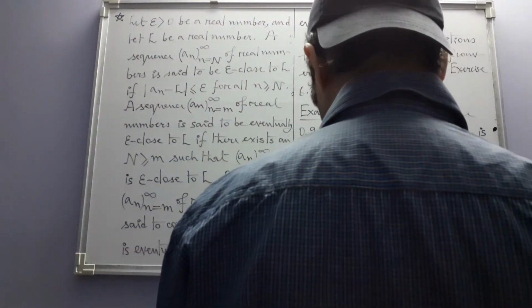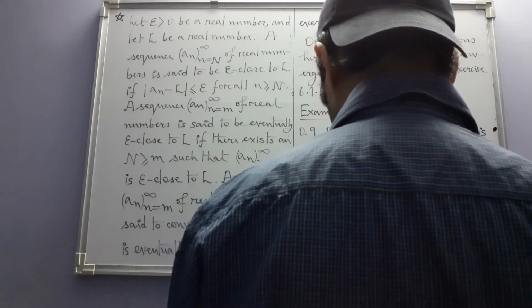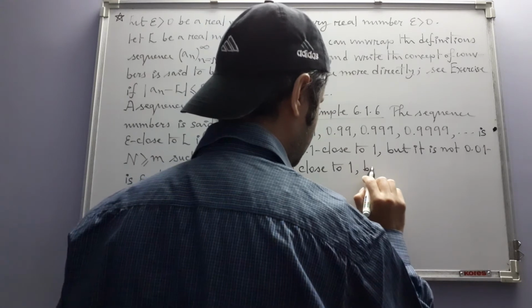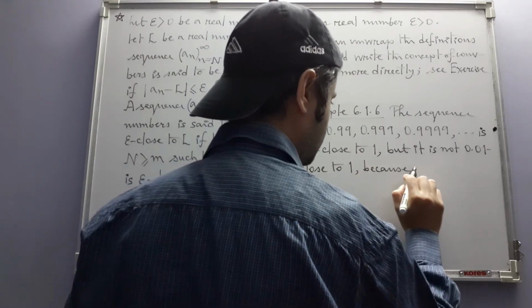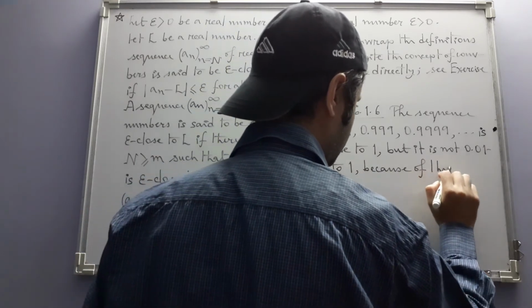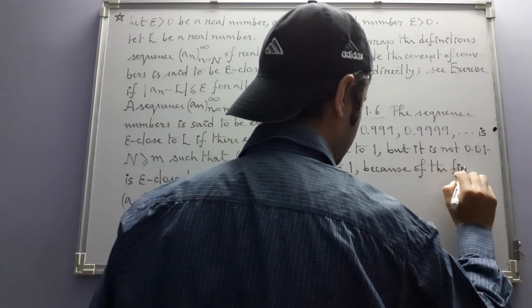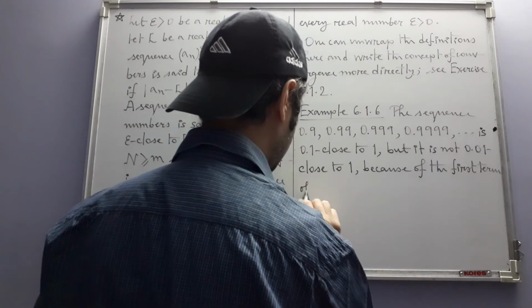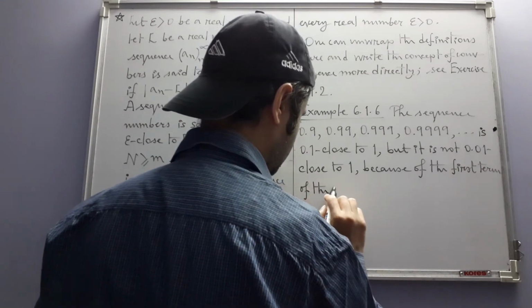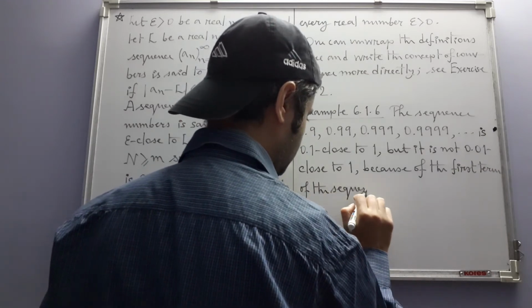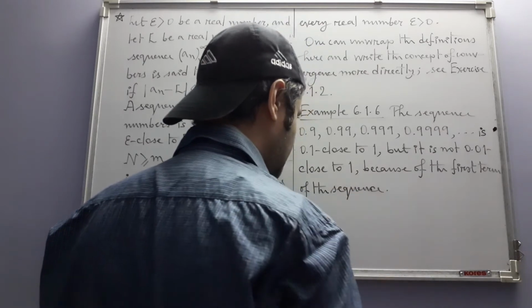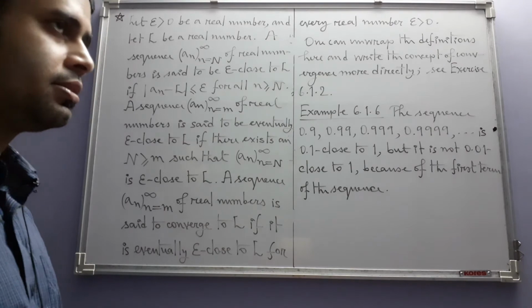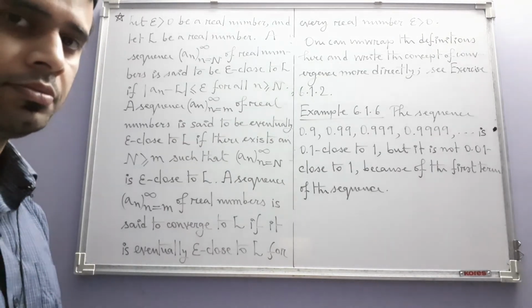So this is because of the first term. So one can say that the sequence is eventually 0.01 close to 1.